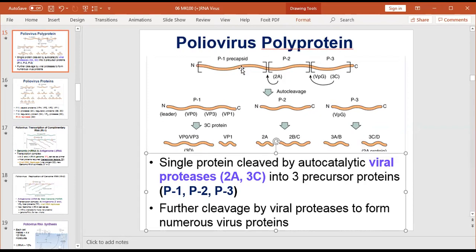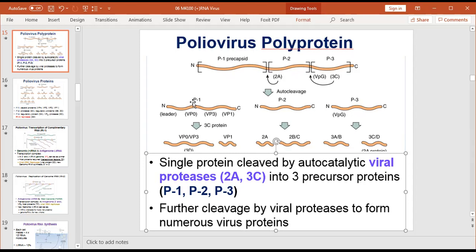So this single protein is cleaved by autocatalytic viral proteases. The two viral proteases are 2A and 3C, and they cleave at specific regions. Once they cleave it, we will end up with three precursor proteins. One is P1, another is P2, another is P3, from N to C terminal region.